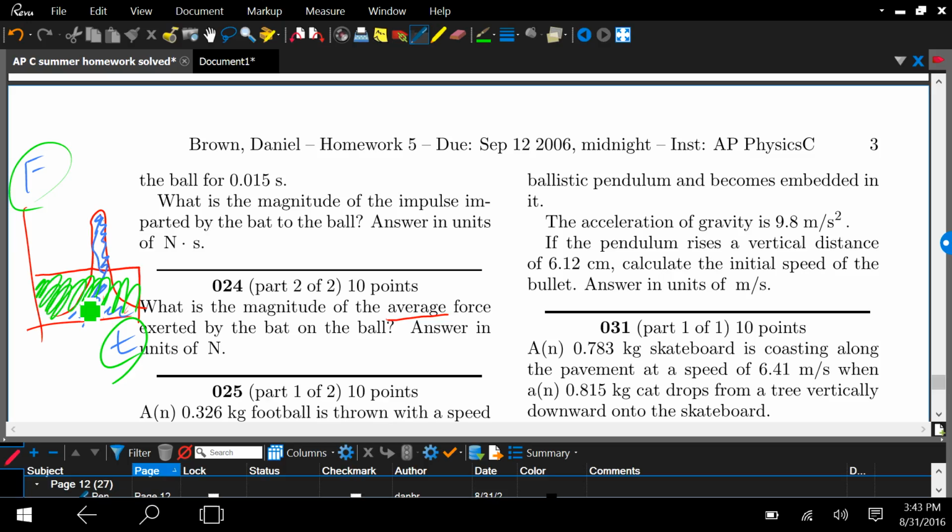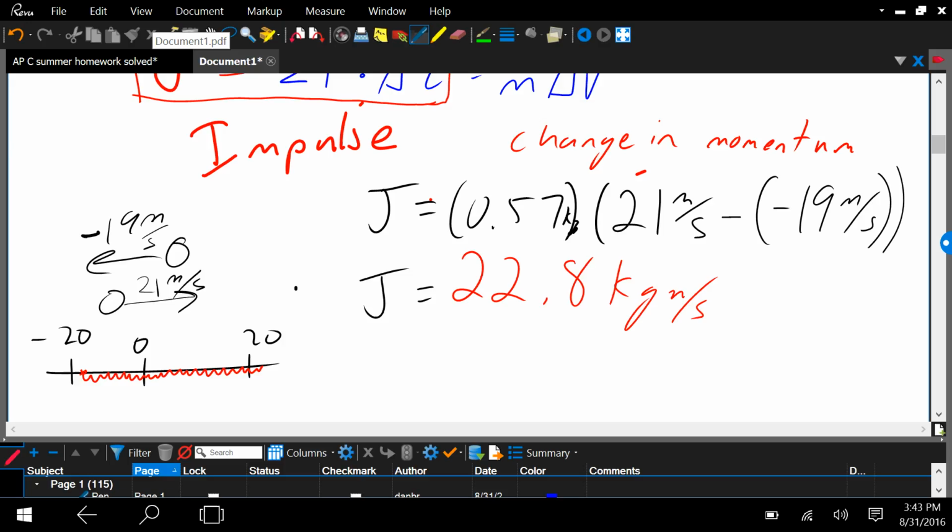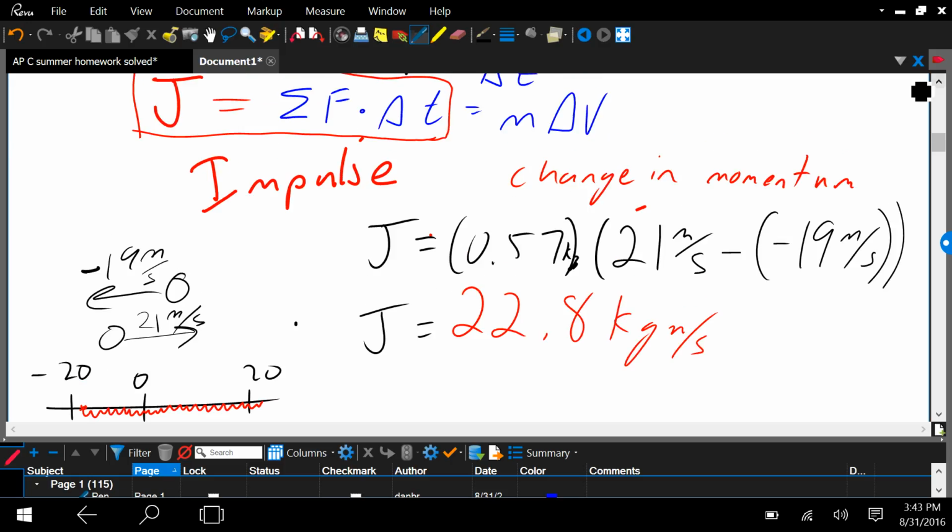The reason we're doing the nice boxy one here is so I can find an average, and I don't have to use calculus or any other significant analytical math to figure out something about that force as it changes with time. So let's come back to this problem really quickly, and once again we have our simple equation right here for impulse and change in momentum. Since I already found the right-hand side of the equation, and I know the change in time, I can just divide and find the force right away.